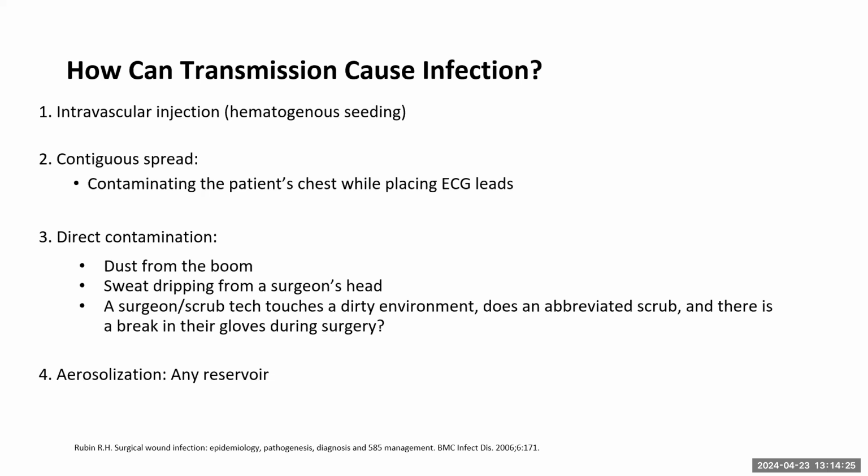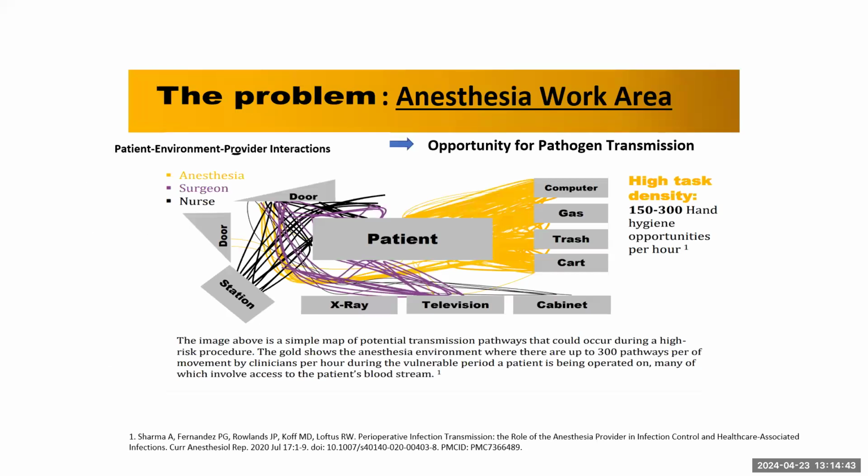And then, of course, you can have aerosolization of particles, where any reservoir that is contaminated with a causative organism of infection, such as Staph aureus, can become aerosolized through contact with particles and then ultimately settle in the wound.